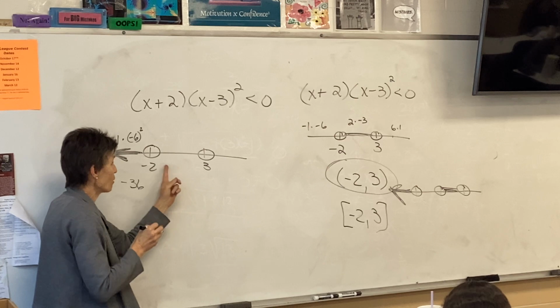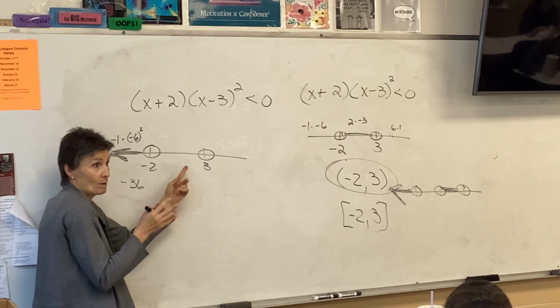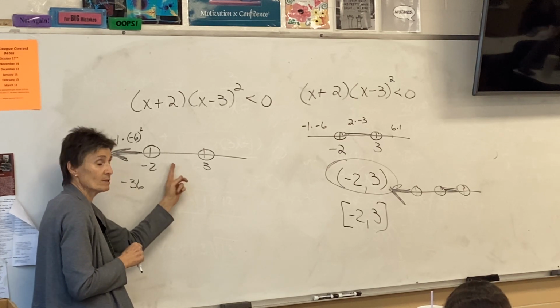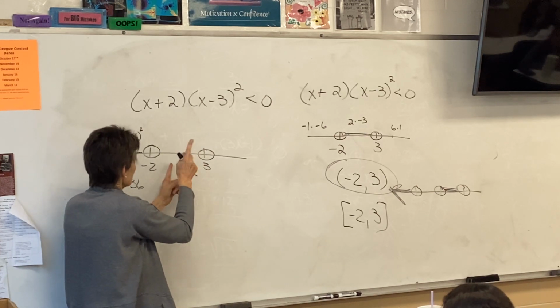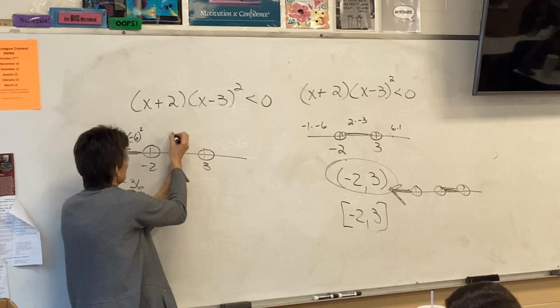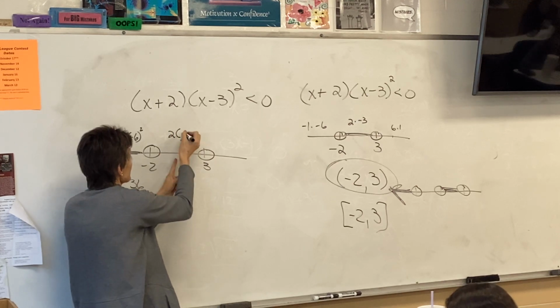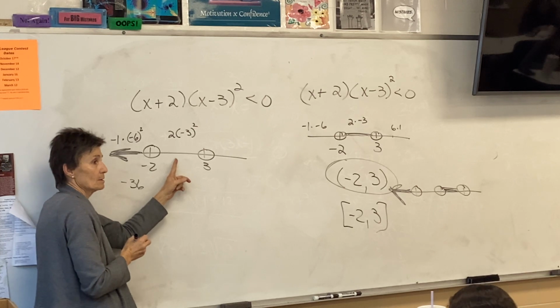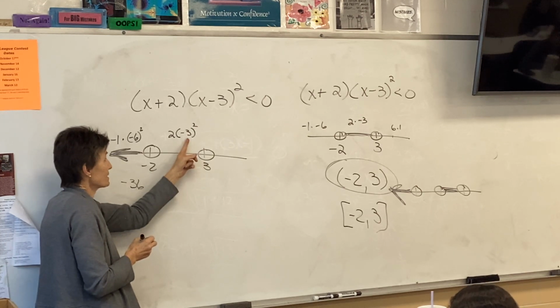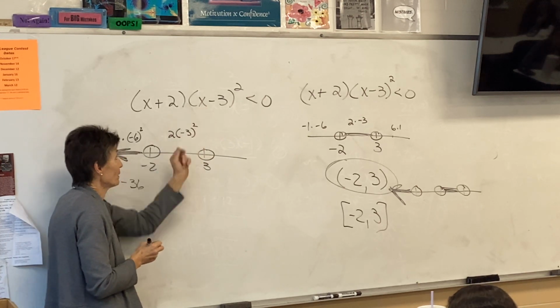Alright, let's try in here. Last time we tried 0, 0's fine. Any number in here is fine. So let me put in 0. So I get 2 times -3 squared. Well, what's -3 squared? That's 9.